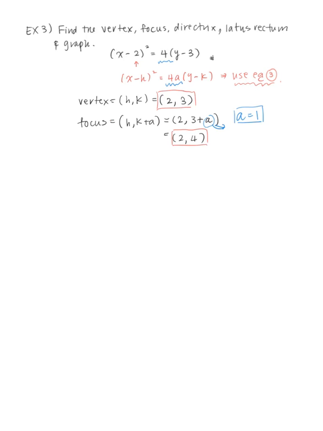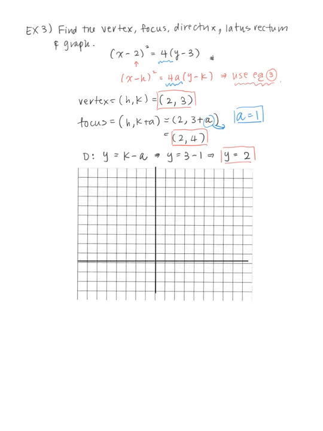Now let's go with the directrix. The formula is y equals k minus a. So we're going to have y equals 3 minus 1. So y equals 2 is going to be our directrix. Okay, let's graph this out.